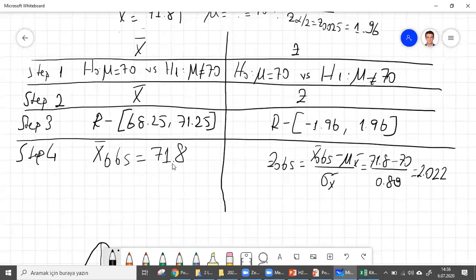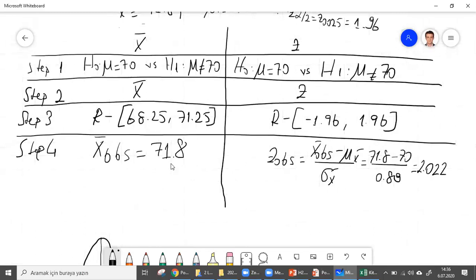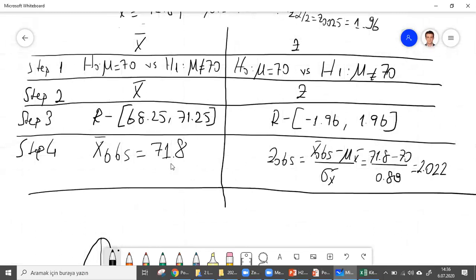Right? Now the next step, the final step is decide. So step 5, just decide or conclude. Now just look at this one. Is this in the critical region, which means, is this here? Well, it's here, right?